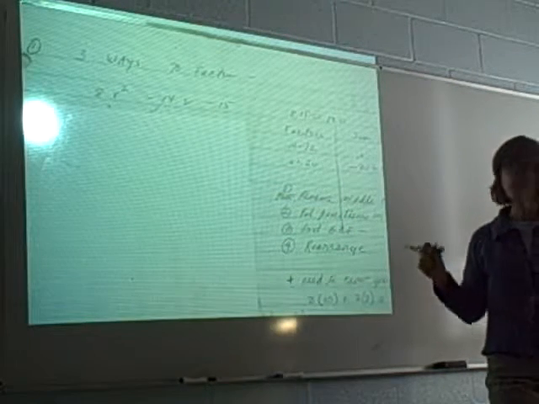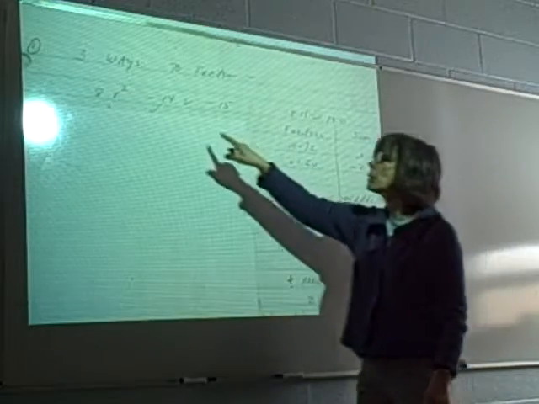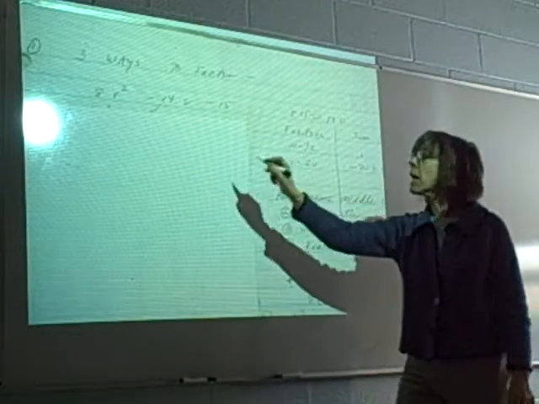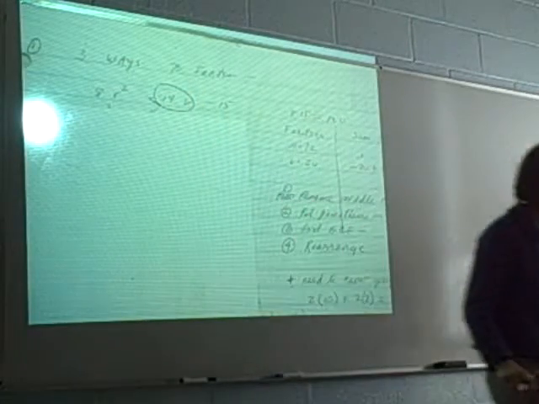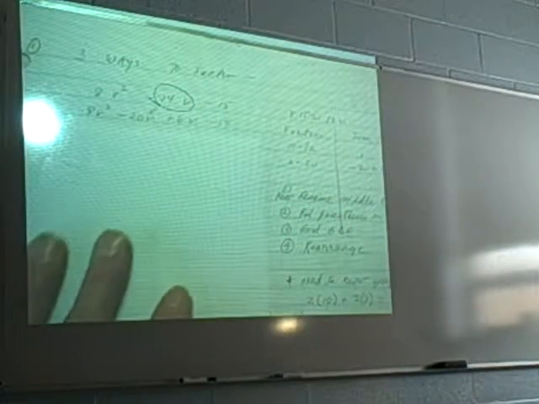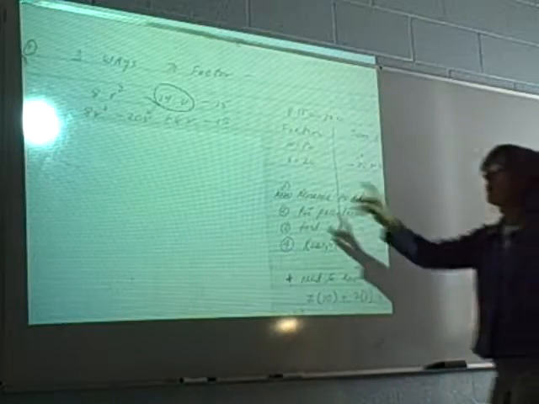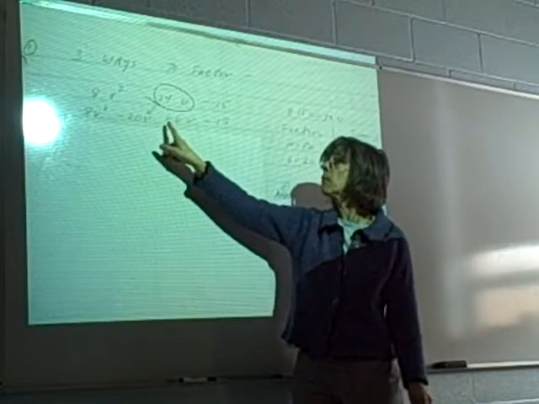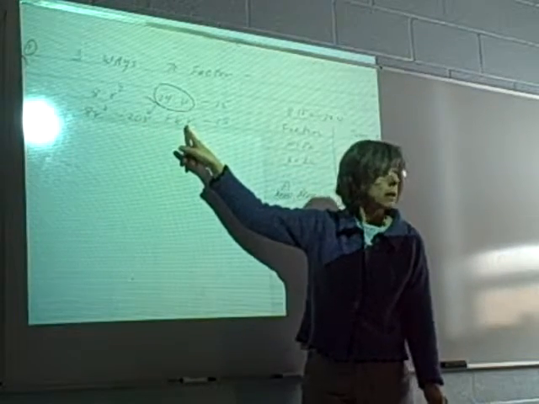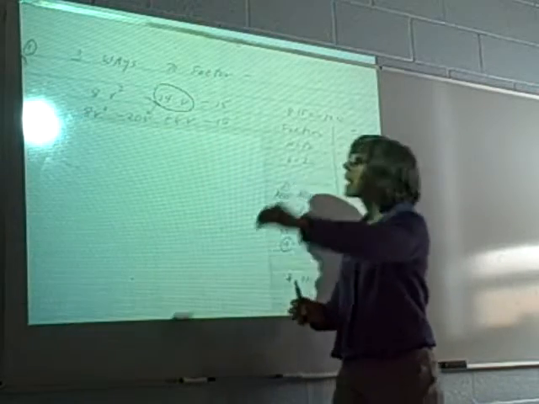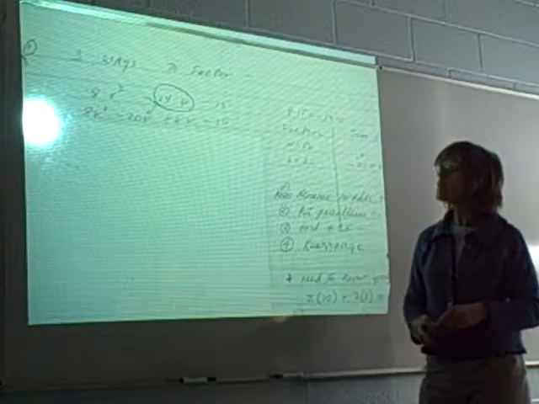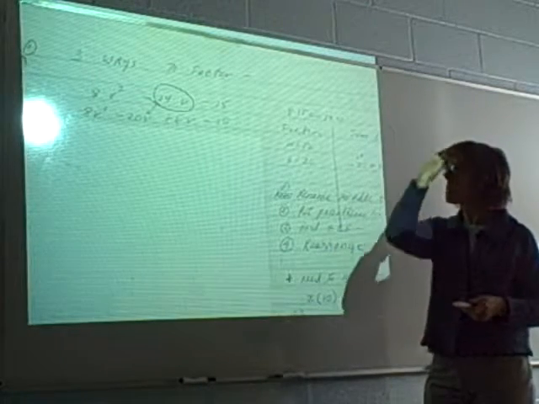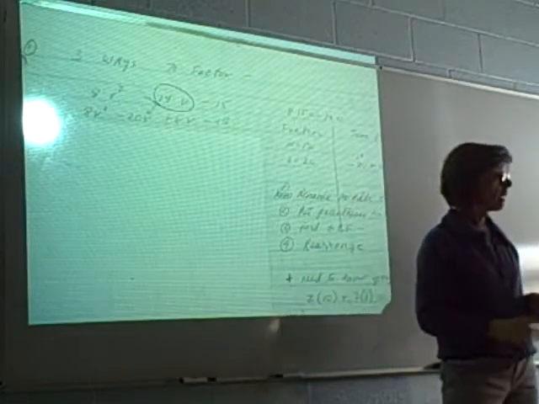Okay? So what I'm going to do here is not deal with this. I'm going to rename 14V. I rename minus 14V as minus 20V plus 6V. That's all I did, I took out the 14 and plugged in a negative 20V plus 6V minus 15.